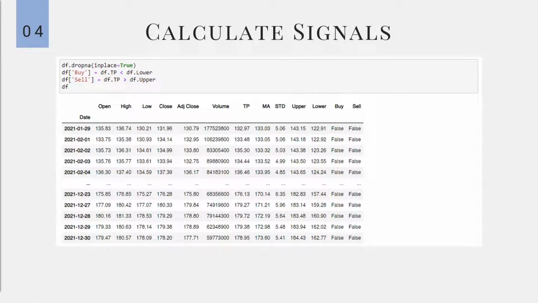And we calculate the buy and sell signals, where we simply put in a true value if the condition for a buy is met, which is simply if the price is lower. For example, for a buy signal, if the price is lower than the lower band. So if it crosses the lower band, it's a buy signal, and the same for the selling signal if it crosses the upper band.